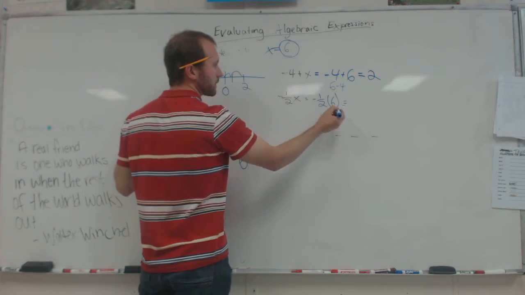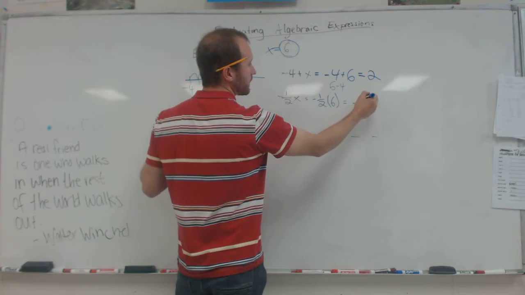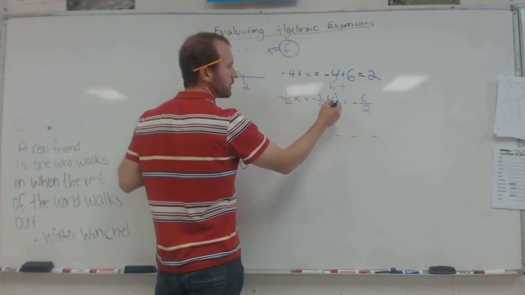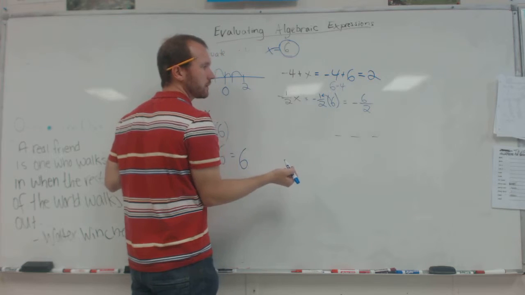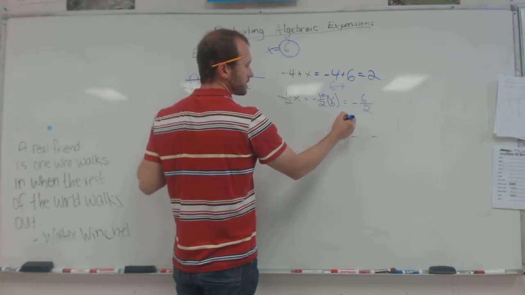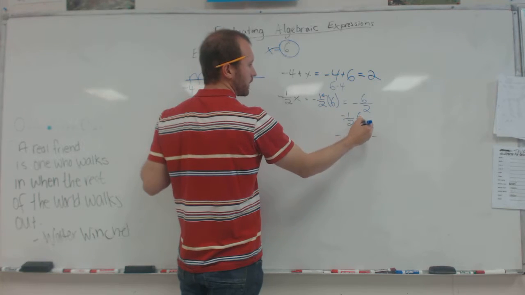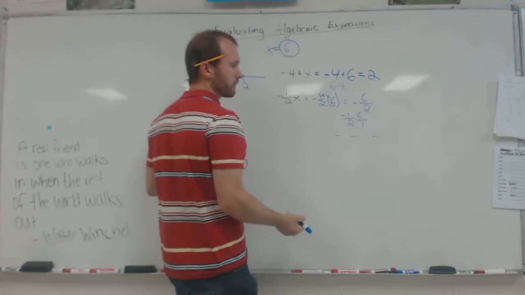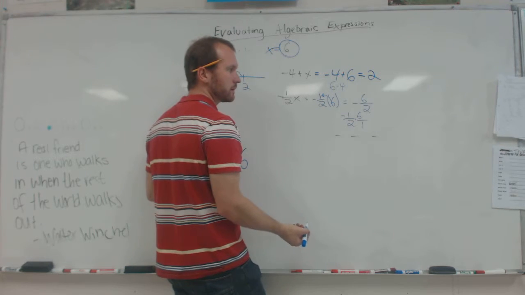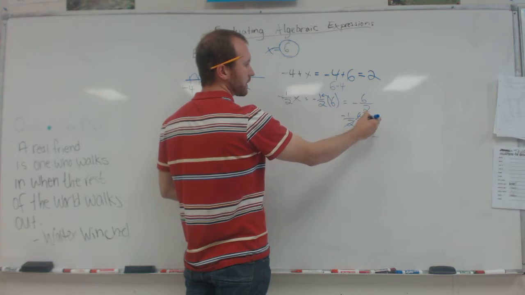What's the answer to this one going to be? There's two ways to think about it. We could think of it as -6/2, times our numerator, which is 1. Or we could think of it as -1/2 times 6/1. Either way, we want to see some canceling here.